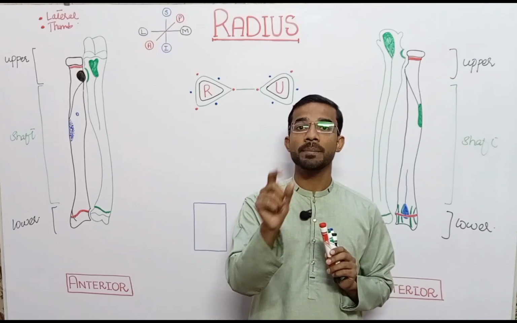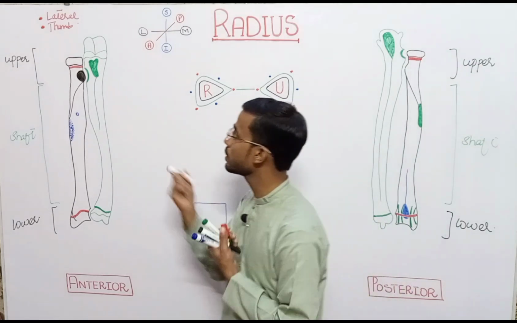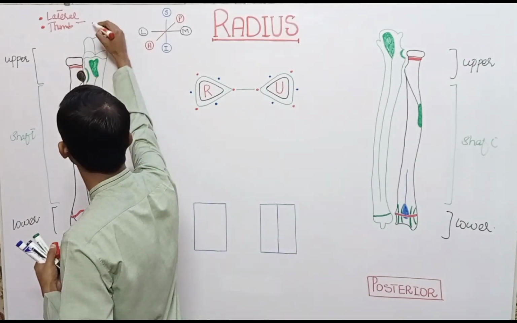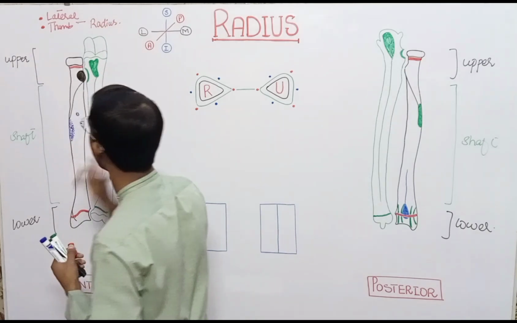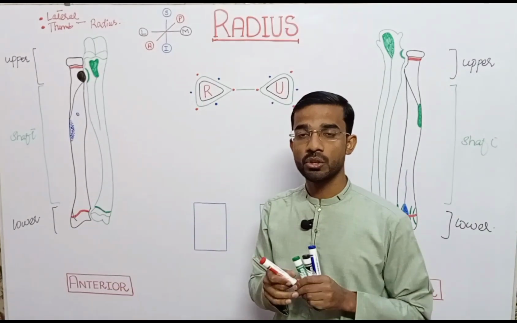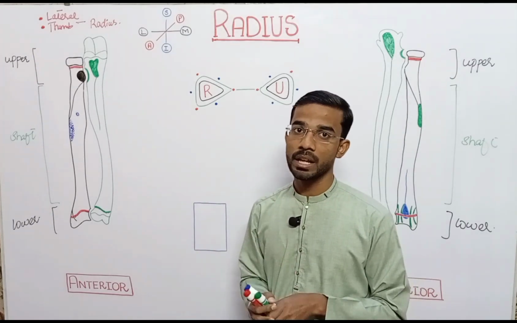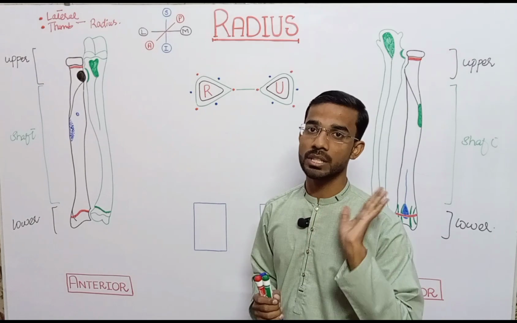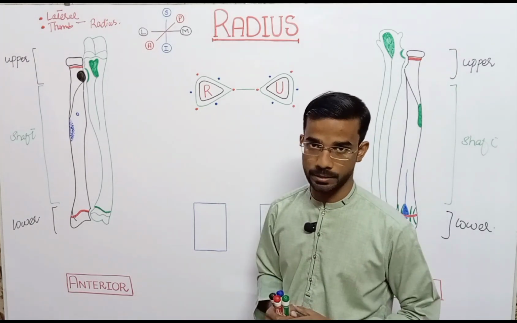The tibia is present at the thumb side of the leg. So this point is very important. At the thumb side you will see the radius bone. Keep this in mind, it will help you remember where the radius is present: the radius is present at the thumb side.